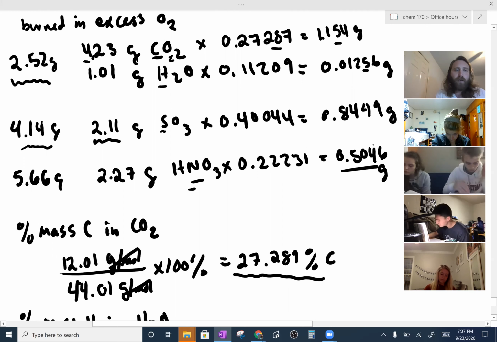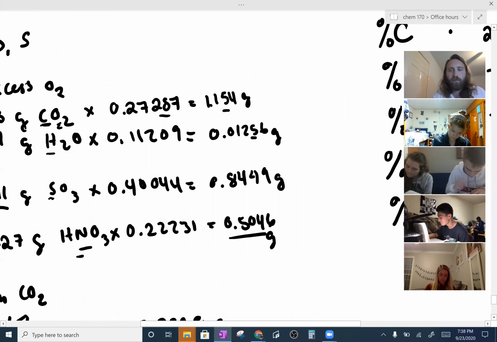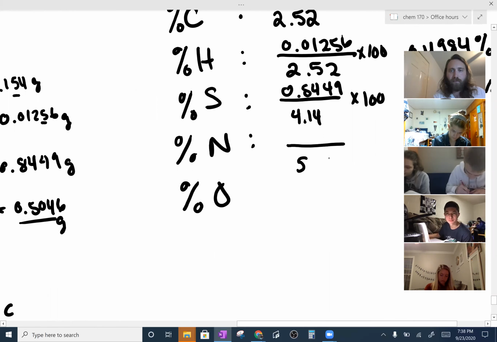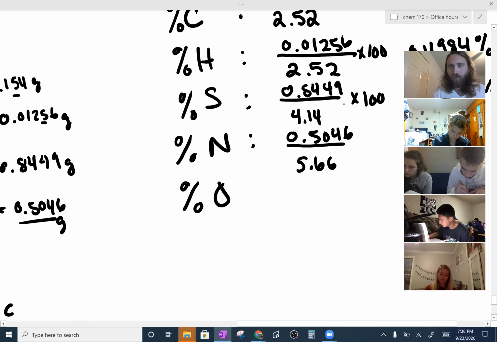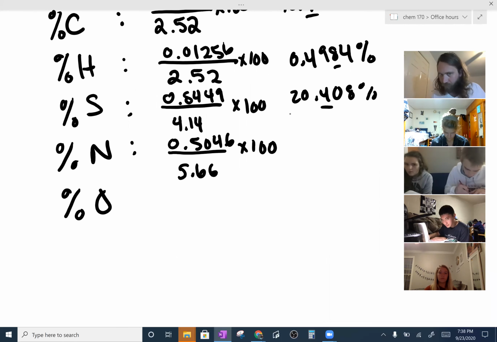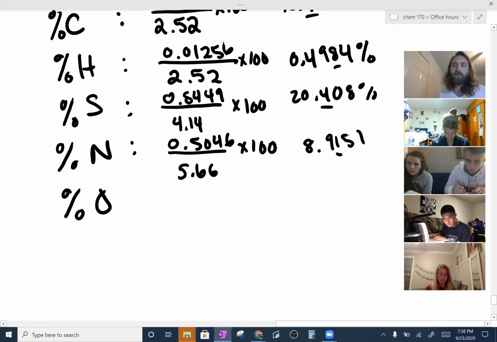Then we can take this value and calculate the total percentage of nitrogen in the compound. 0.5046 times 100, and that turns out to be 8.9151. That's also 3 sig fig, so we'll stop there, percent.